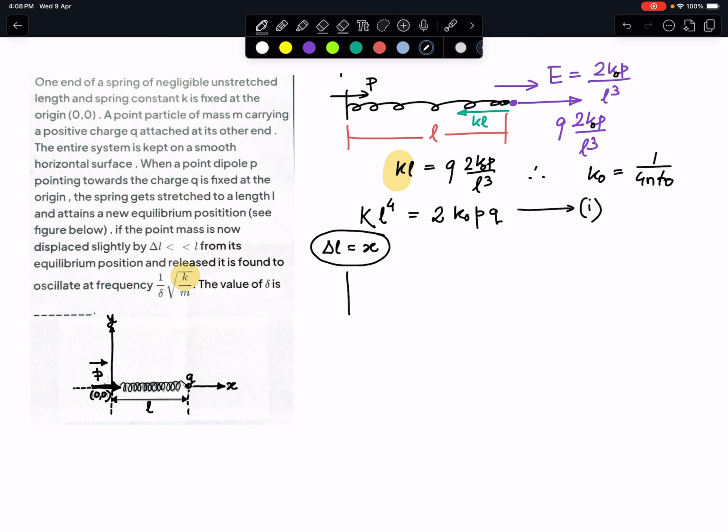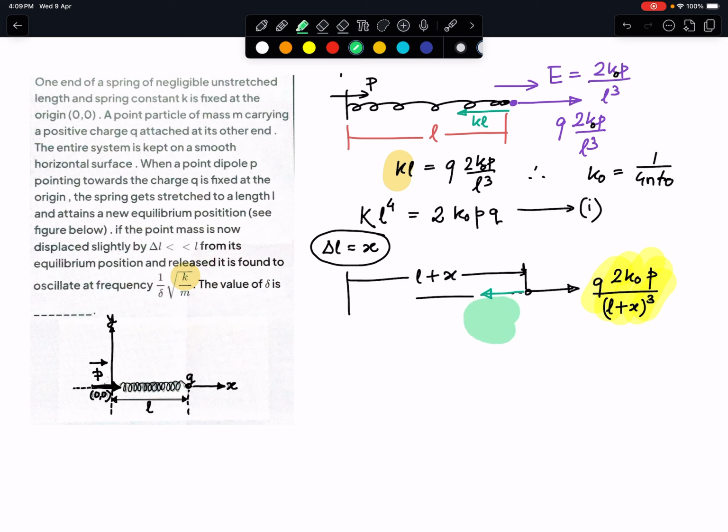So here is the point charge, the distance is L plus X, so the electrical force due to the dipole is Q times 2 K naught P, K naught being the Coulomb constant, remember it, divided by L plus X cube. And here we are going to write the spring force. So it is K, the spring constant, into L plus X.